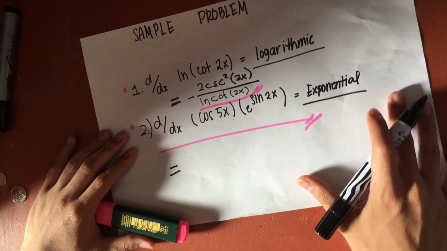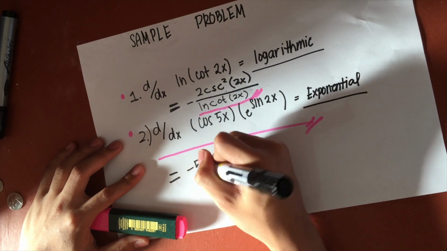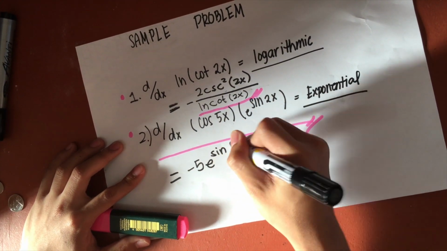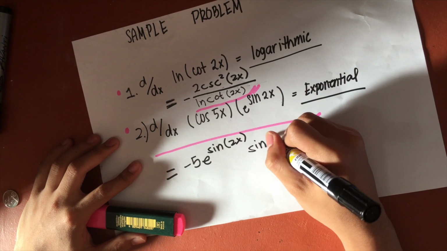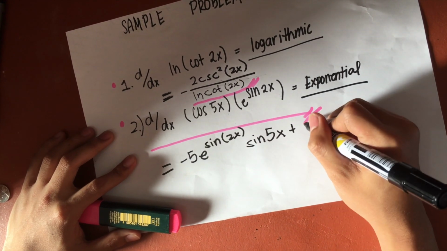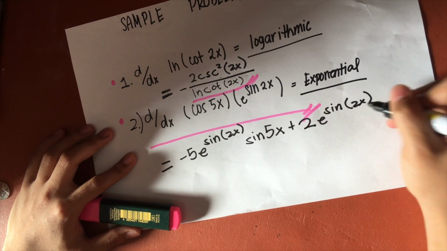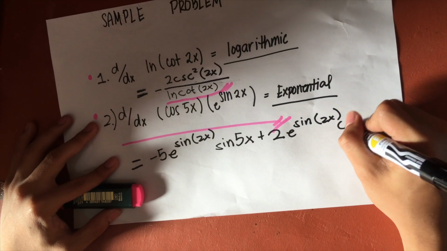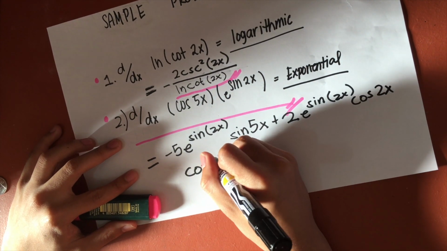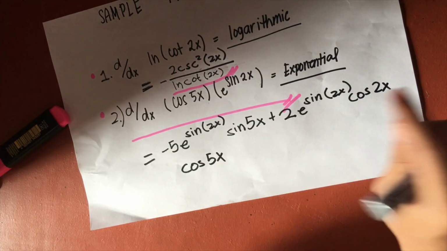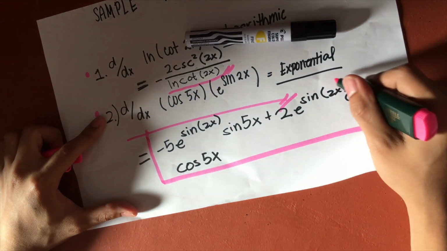Because we have now solved the second problem, which has the answer of negative 5 e^(sin 2x) sin 5x plus 2 e^(sin 2x) cos 2x cos 5x.